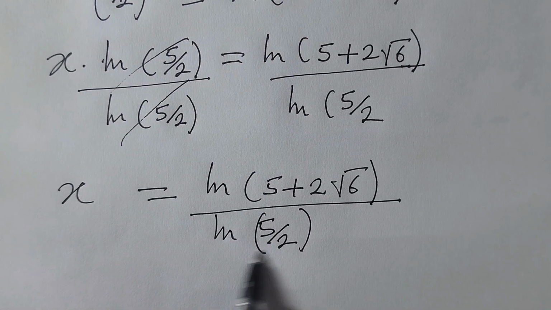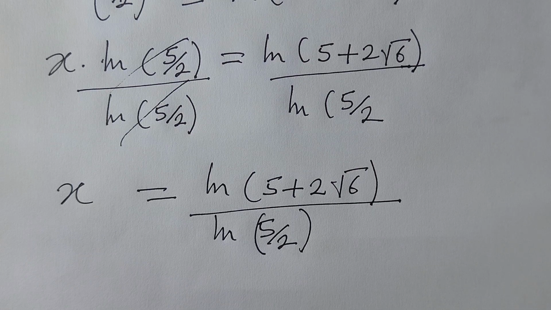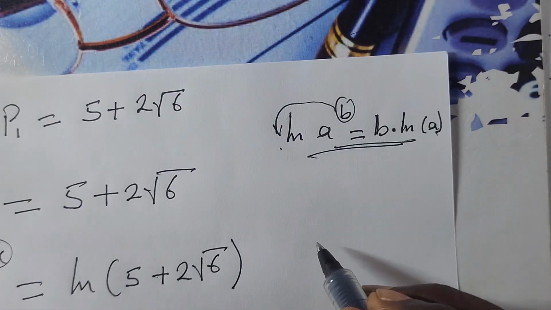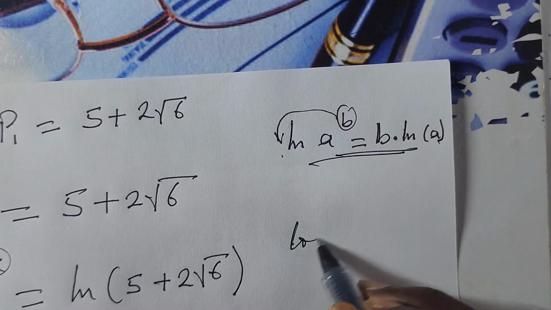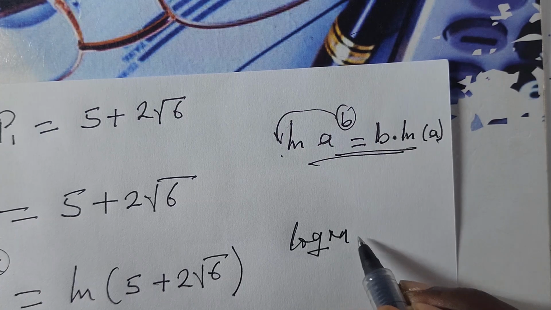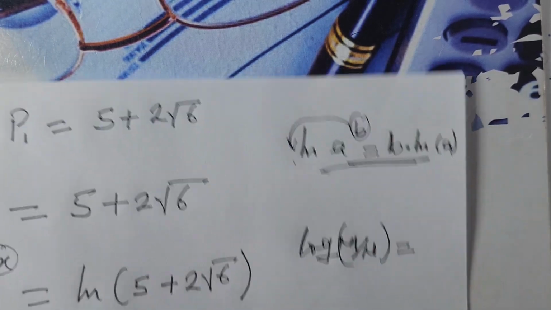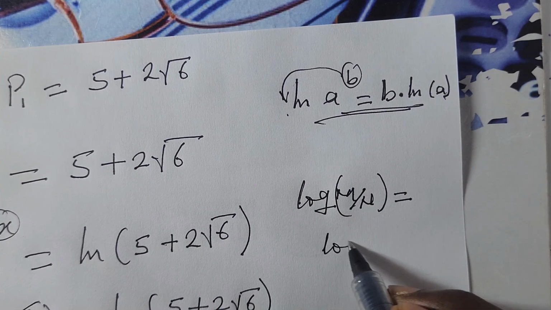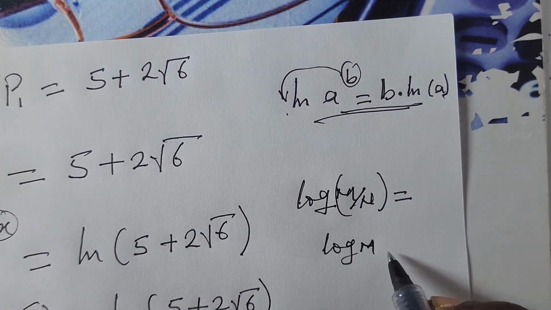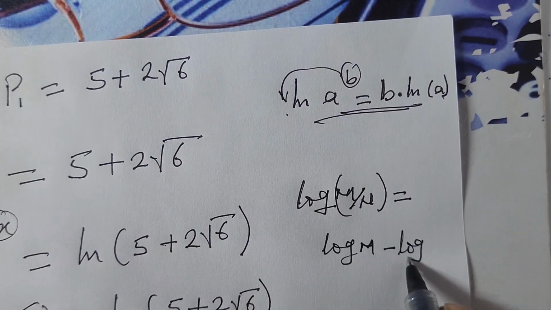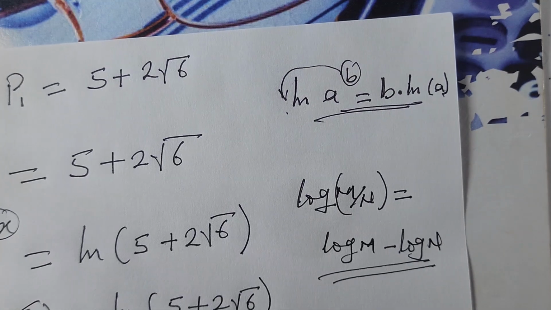Again, we can rewrite this denominator according to the division law of logarithm, which says that if you have log of m all over n, then this is equal to log m minus log n.